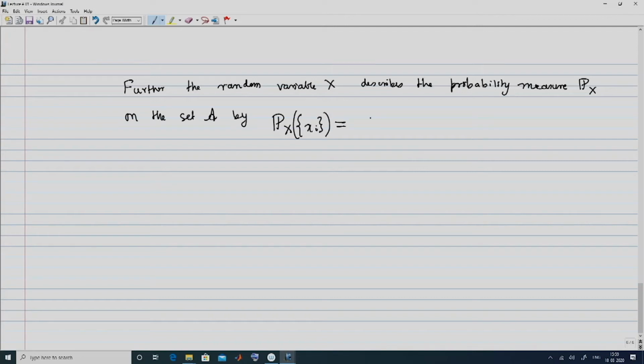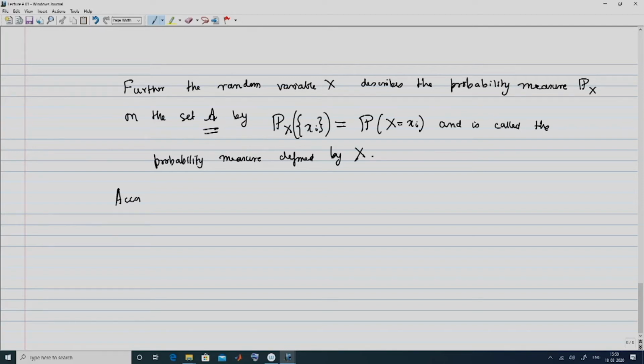Remember, this is on the set A. So, A is basically now working like some sort of a sample space, and this is going to be nothing but probability x equal to x i, and this is called the probability measure defined by the random variable x.